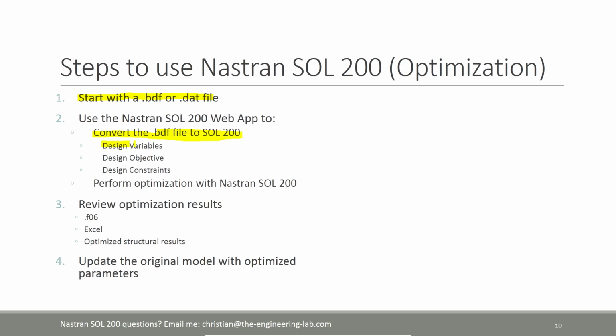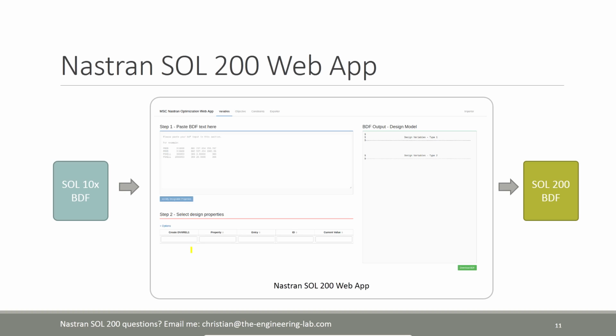This is where we are going to define our variables, our objective, and constraints from the optimization problem statement. I will then actually perform the optimization with Nastran, and then towards the end, I'll view the optimization results. I'll also show you the new axial stress states in the members. And then at the very end, we're going to update our original model with the latest parameters for areas. These would be the optimized areas.